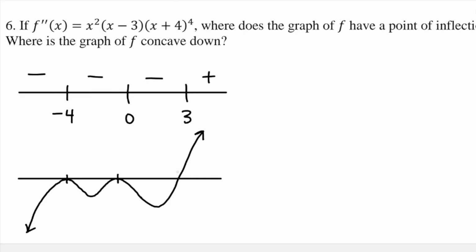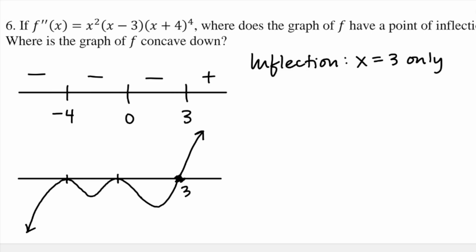And so if we're saying concave down, point of inflection, that was going to be x equals 3 only. Now, if that was just the question, we could have determined that based on the multiplicity of x minus 3 and the multiplicities of x squared and x plus 4 to the 4th.